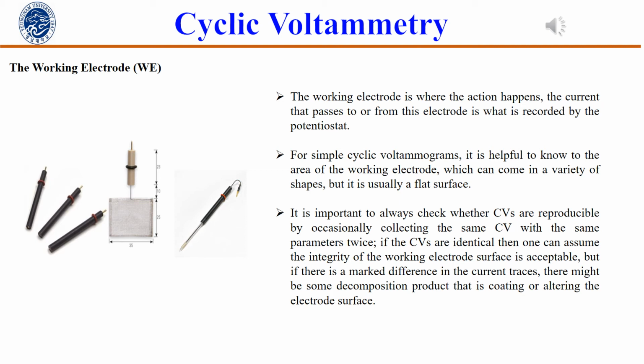If we polish, it will be very good for the experiment. What happens when we polish the surface? Polishing also ensures that there are no undesired species on the electrode surface that may inhibit electron transfer to or from the electrode.